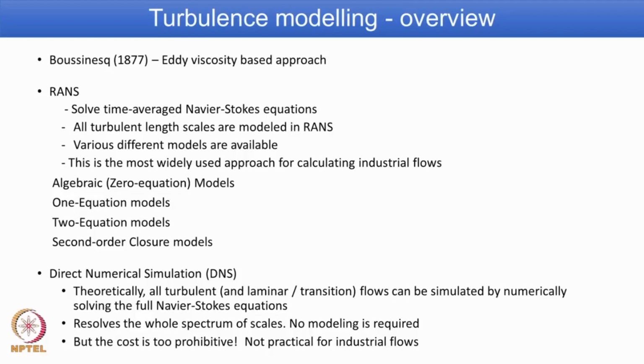If you interpret the variables as instantaneous, then it is for turbulent flow, otherwise it is for laminar flow. So, it is possible to use the same equation even for turbulent flow, and if you resolve all the scales, that is all the scales corresponding to velocity, length and time, then you get what is known as the direct numerical simulation approach.